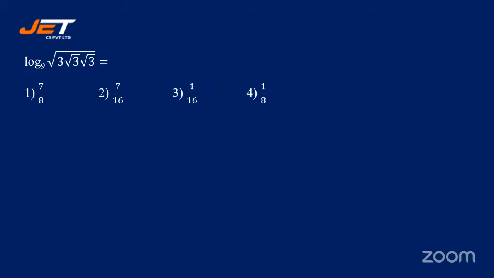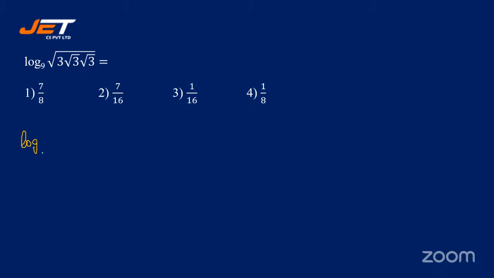Log root 3 inside that root 3 base 9 is equal to dash. It's an often repeated question in many papers. You can find this question. All right. So now how do you write this? How can you write this as root 3?